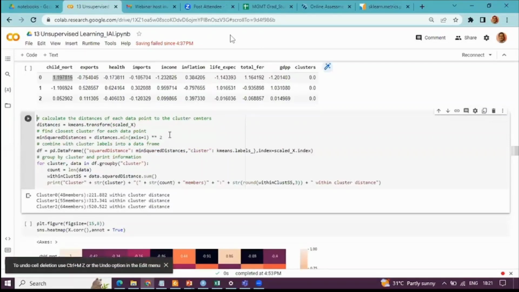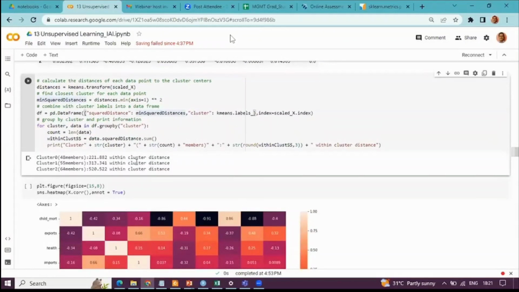Okay. So for whatever is the number of clusters that we are finding out, we can very well find out the total distance within each of the clusters.